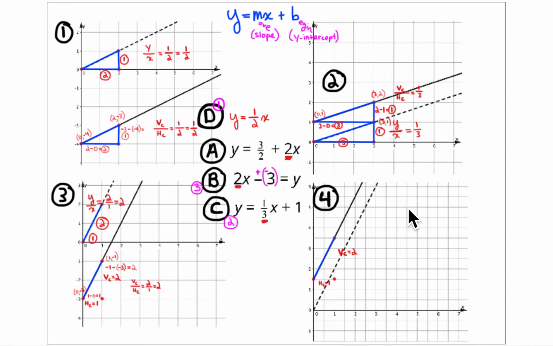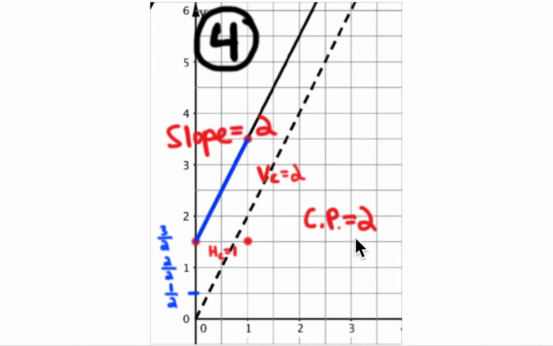Okay, the last graph is graph 4. So we're going to go to this one. And in this case, if you go over 1 unit, notice this has half units marked off. So this grid line is 1/2 of a unit. And this grid line right here is 1/2 of a unit. So this is 1 unit over. How many units do you go up to get to the graph? You go up 1 unit, 2 units.